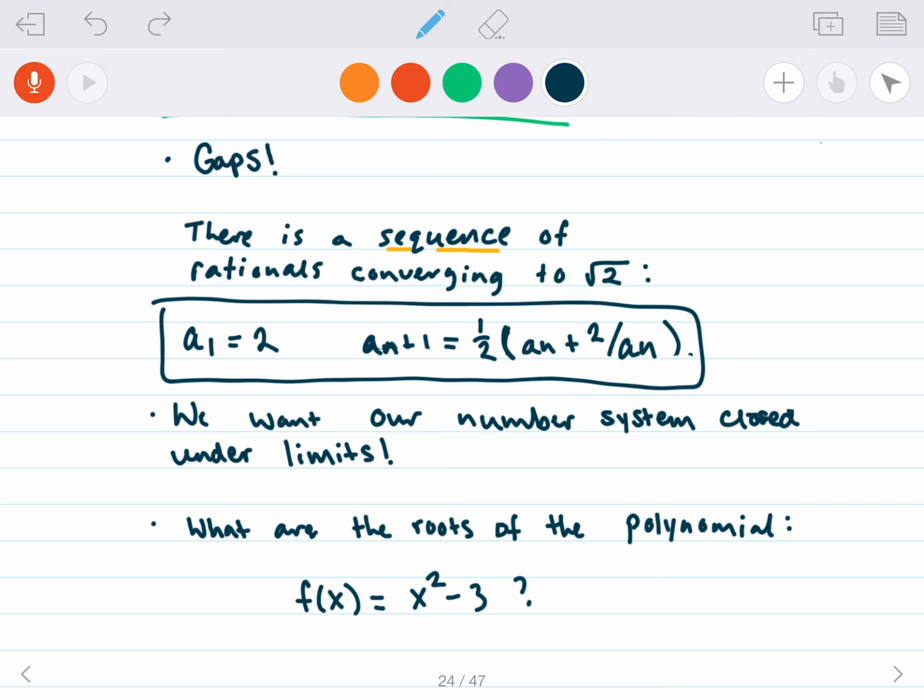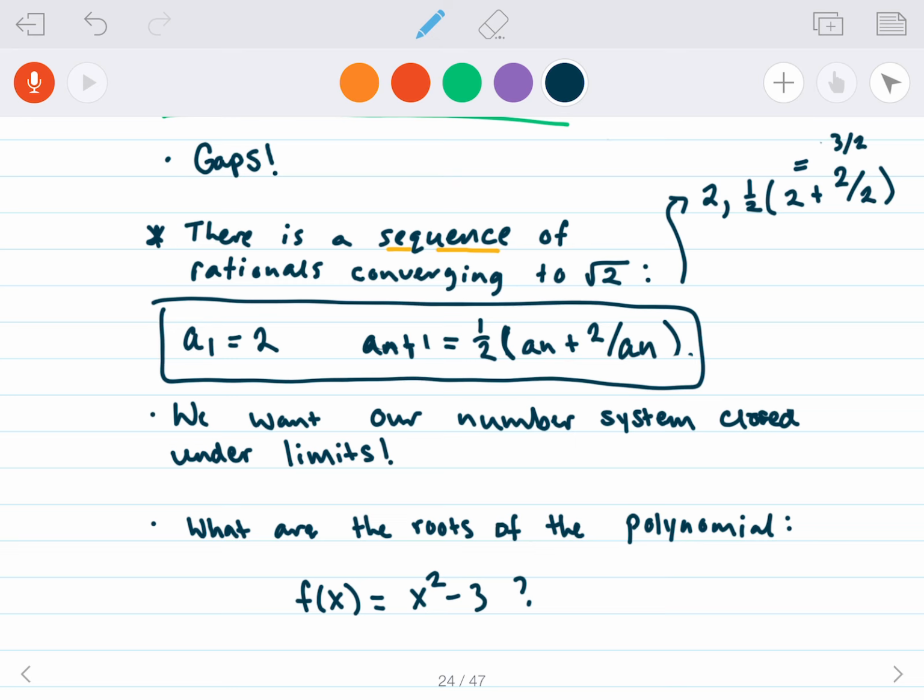I'm not going to prove that here. We'll take that for granted, and we'll show that a little bit later. But the idea is that the first term in the sequence is 2, and then we follow this rule for the rest of them. The next one, a sub 2, is going to be a half times a sub 1, which was 2, plus 2 over a sub 1, which was 2. So this is going to be 3 halves.